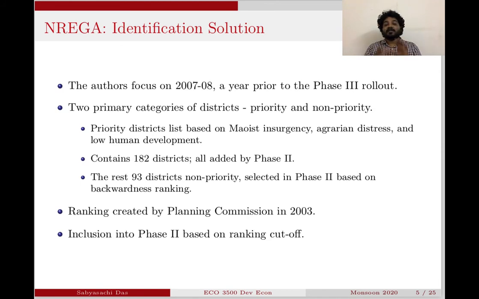They did it state by state because if they did it for all of India jointly, then certain states might be overrepresented, which would lead to political problems. So they select some districts from every major state, and for every state they selected the low ranked districts. So that's the main detail.